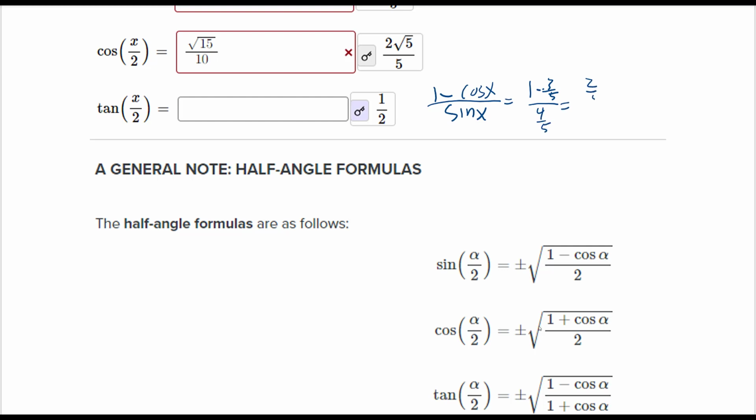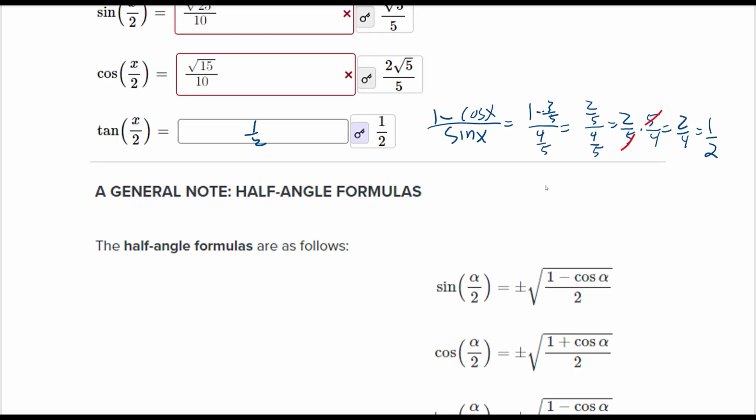That's 2/5 over 4/5, or 2/5 times 5 over 4. The 5's divide out, leaving us 2/4 or 1/2. Okay, I really couldn't help myself. I had to go do that one.